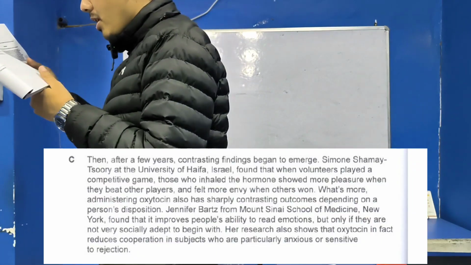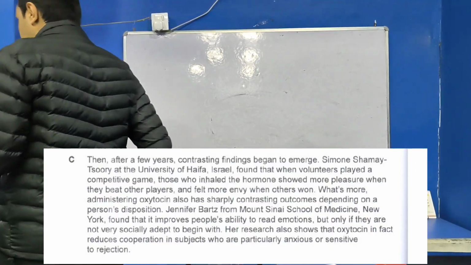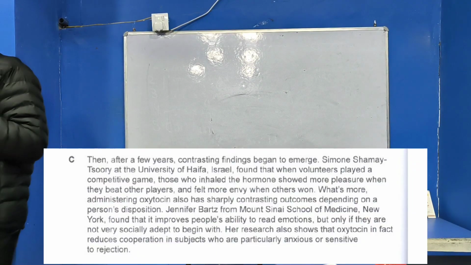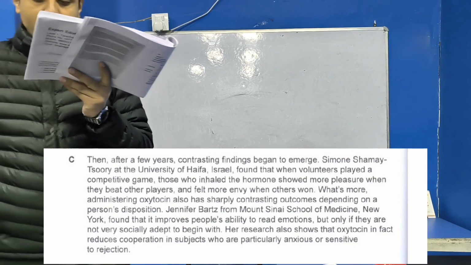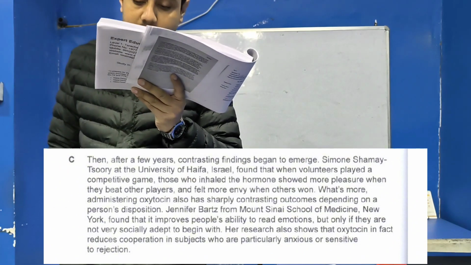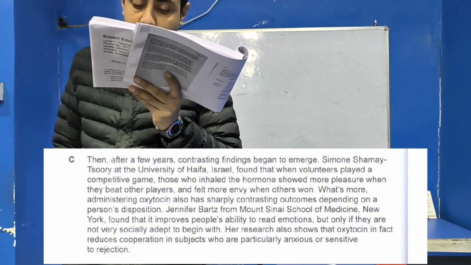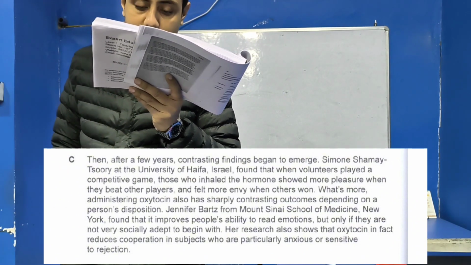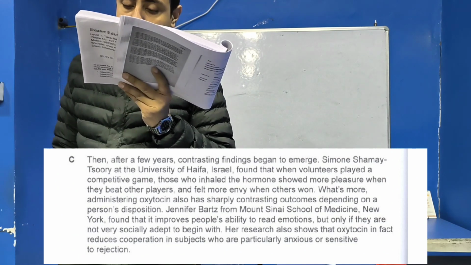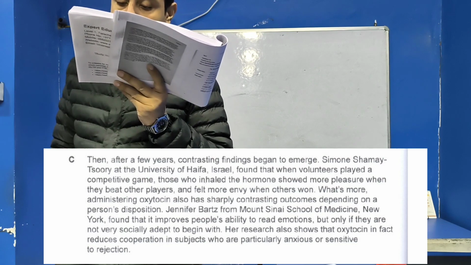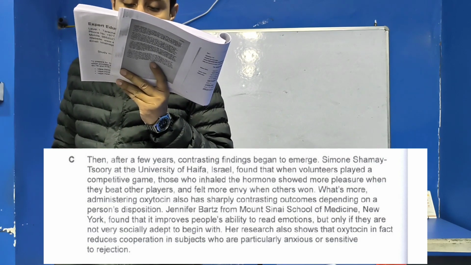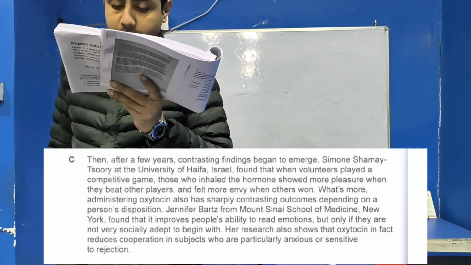Paragraph C. A few years ago, contrasting, Simone, Haifa, Israel, a game, the hormone, pleasure when they beat other players, envy, sharply contrasting outcomes. Mount Sinai School of Medicine: it improves people's ability to read emotions, but only if they are not very socially adept to begin with.